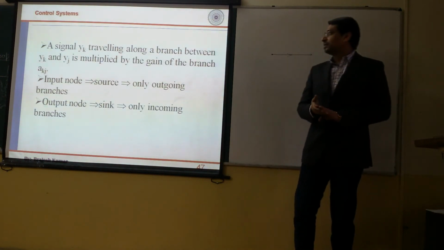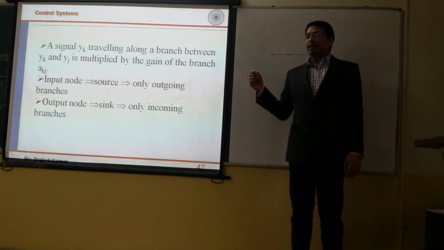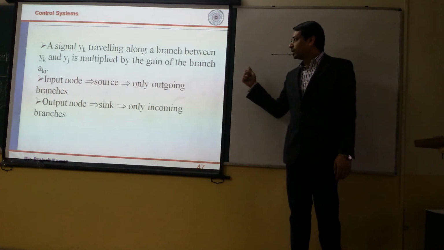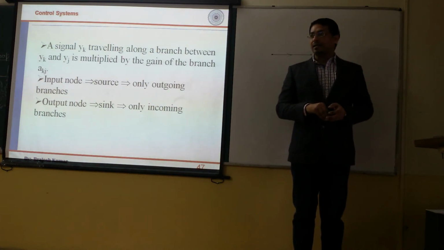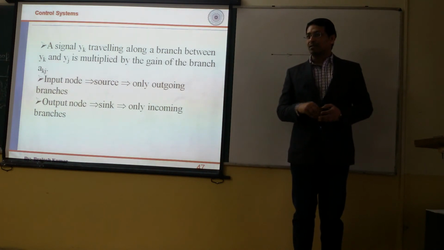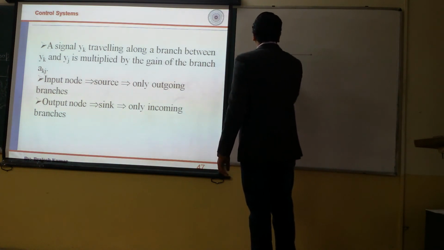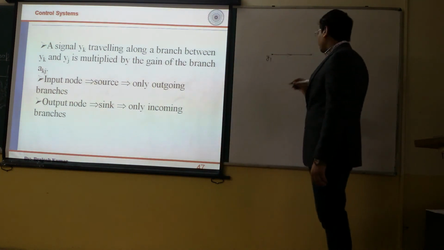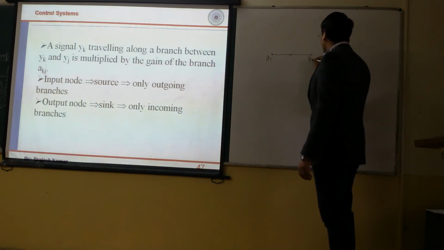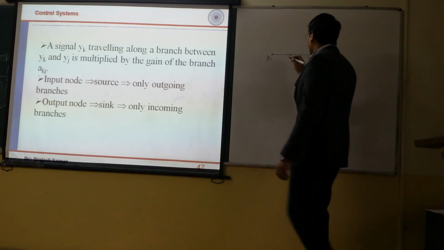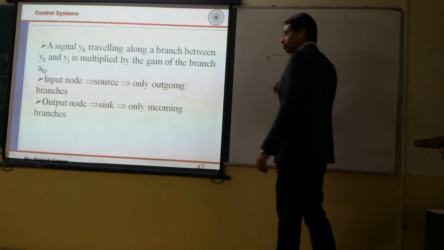Another thing, a signal Yk traveling along a branch between Yk and Yj is multiplied by the gain AKJ. A little bit mathematical, so let us make it simple. Suppose here you have a signal Y1, node Y1 is a variable and node Y2 is another variable, and here you represent the path gain, say A12.